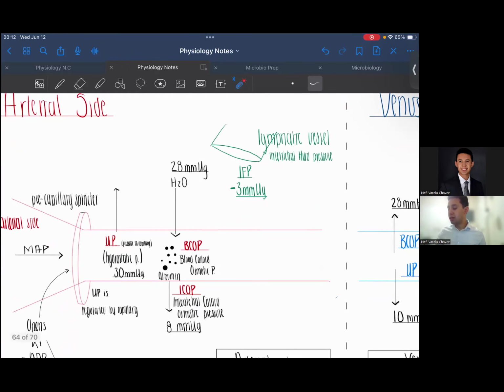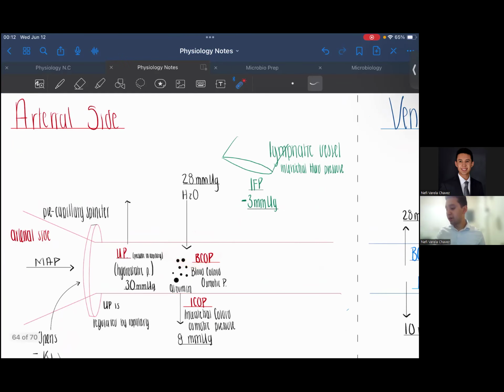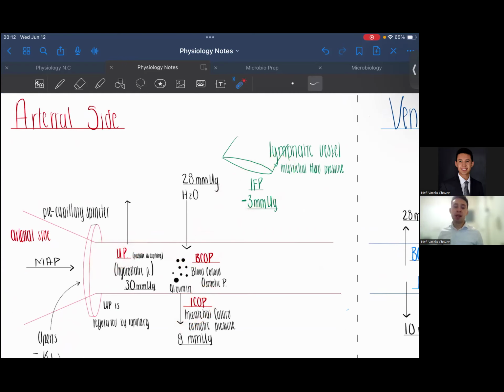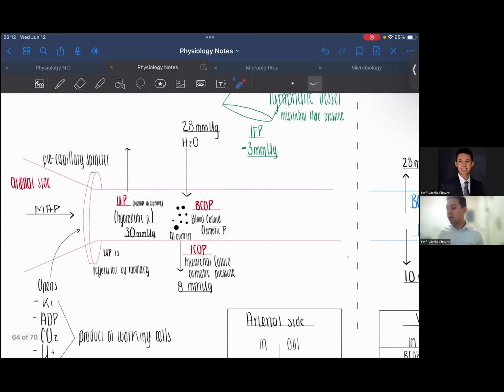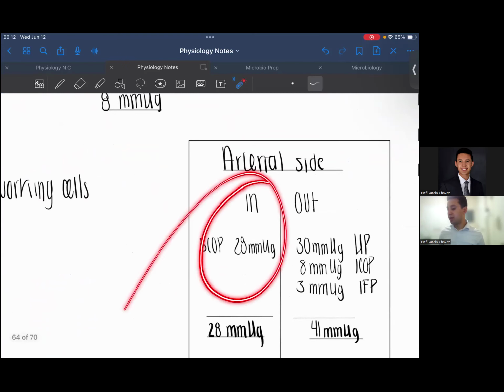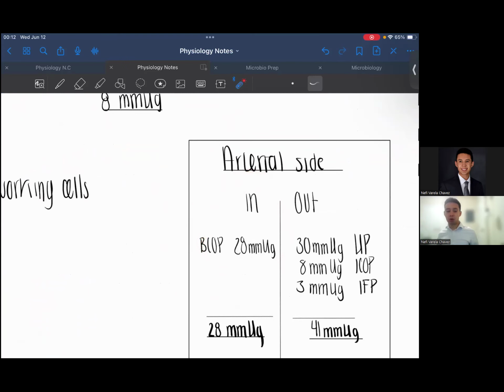So as we can see, we have three forces taking liquid to the interstitial space: hydrostatic pressure, ICOP, and IFP. And the only one taking water to the inside is going to be BCOP. So if we add these numbers together, the pressure that takes water to the inside is going to have a total of 28 millimeters of mercury.